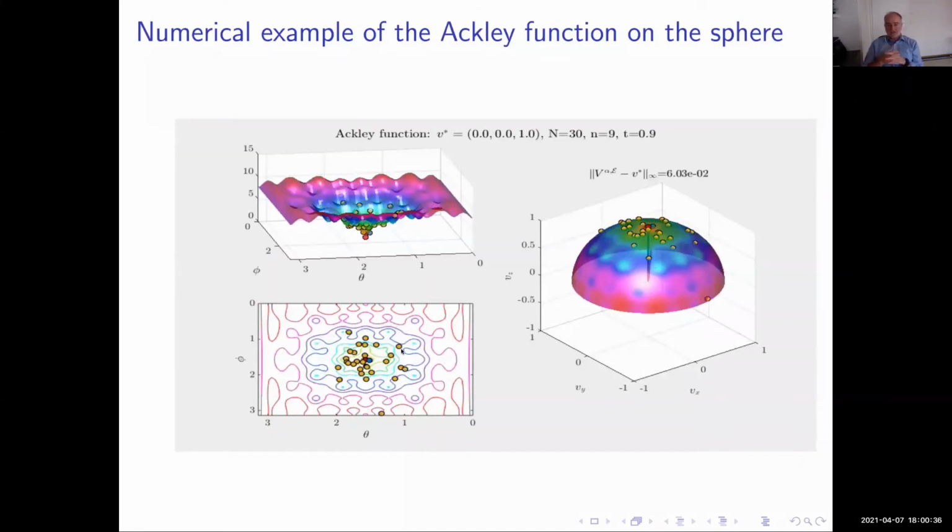This is a numerical example of how this method works. You can see here a function that exhibits a certain number of local minimizers, called the Ackley function.